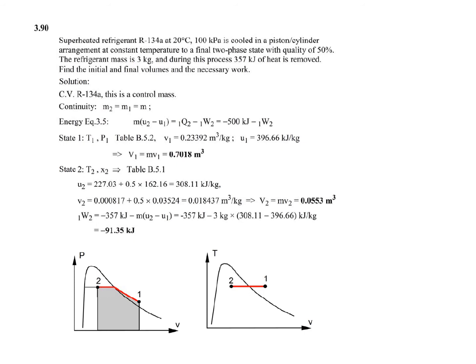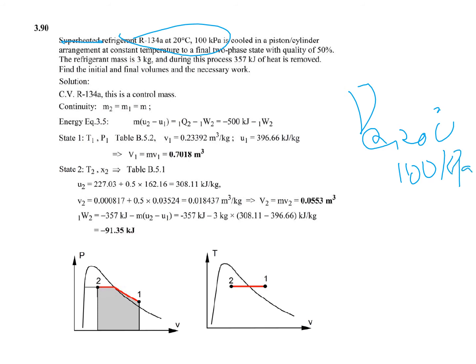So the process is straightforward. We know that the initial state is superheated, at 20 degrees centigrade and 100 kilopascal. So we will go straight to the superheated tables of R134A and look for the volume at 20 degrees centigrade and 100 kilopascal.